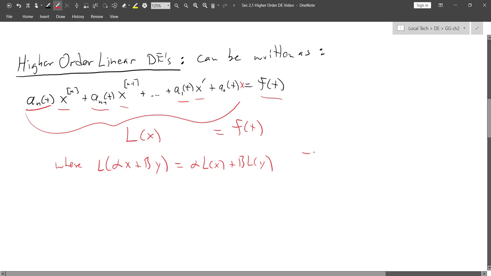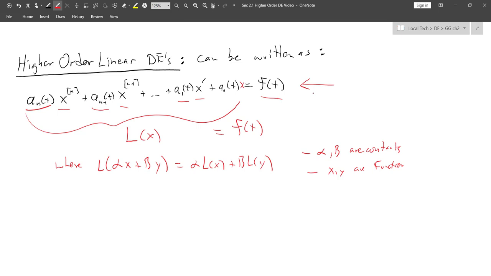So this would be true, in this case alpha and beta are constants, and here x and y are functions of the independent variable t. So every higher order linear differential equation can be written in this general form, or an operator form as L of x equals f of t, where L is a linear operator.